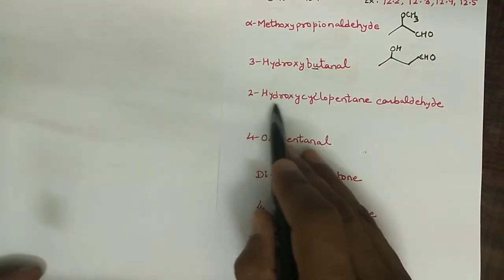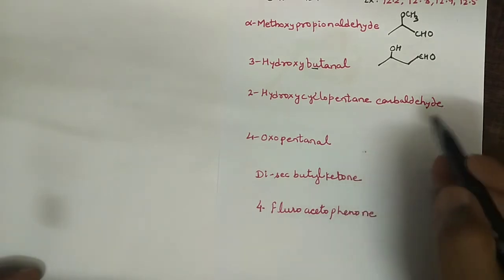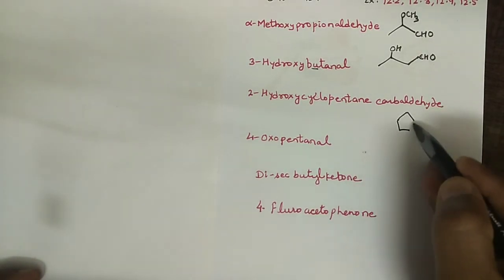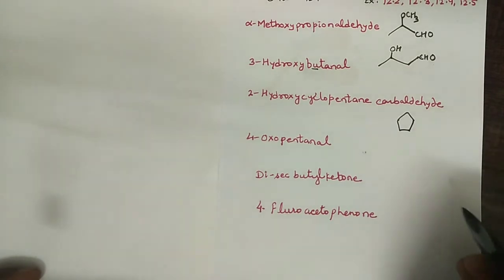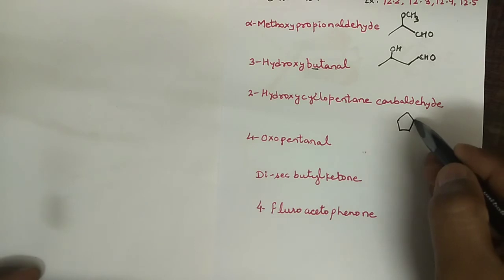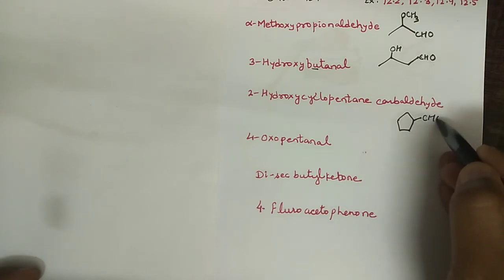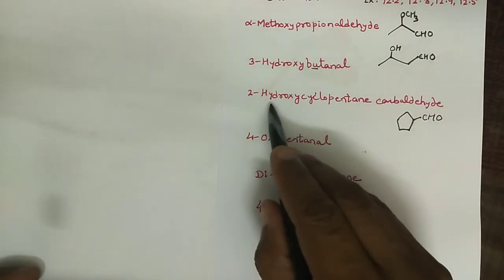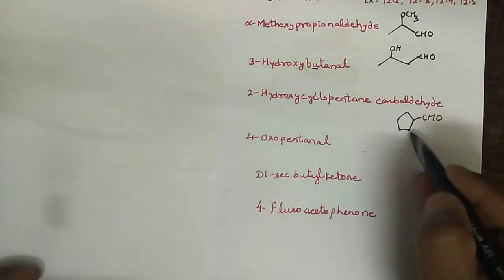Next is 2-hydroxycyclopentane carbaldehyde. First you are going to draw the pentane, cyclic pentane. This is cyclopentane. Now you are going to attach the carbaldehyde, because it is a carbaldehyde group, and on second carbon you have hydroxy. So second can be this one or it can be this one.